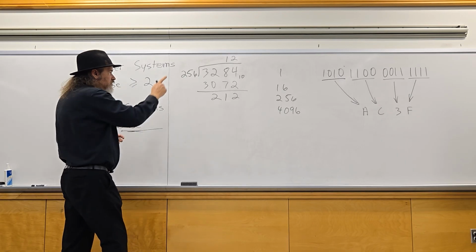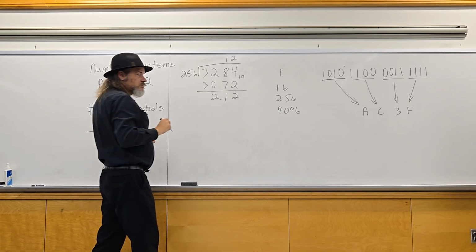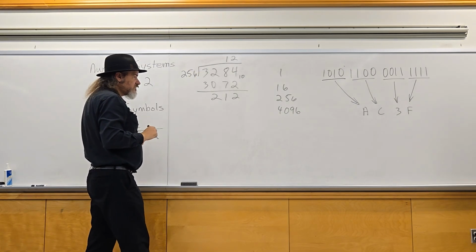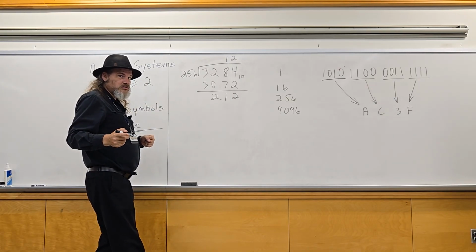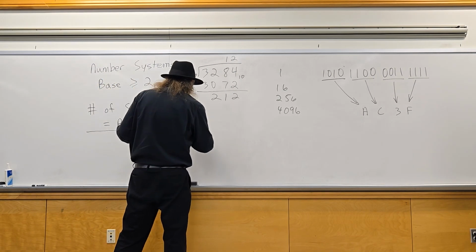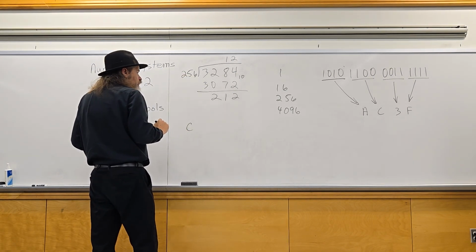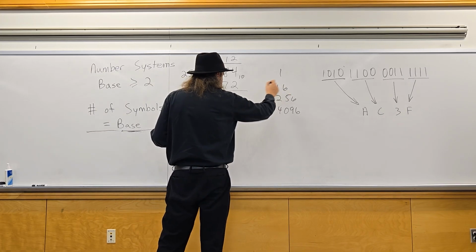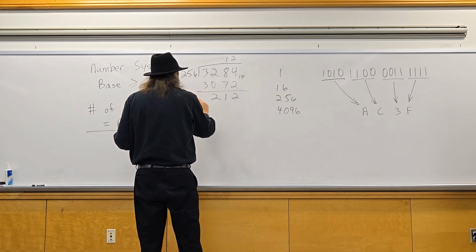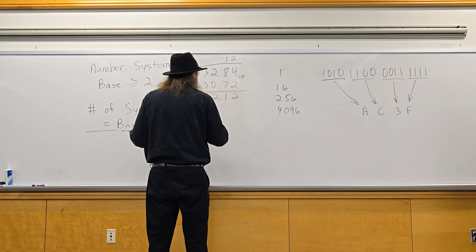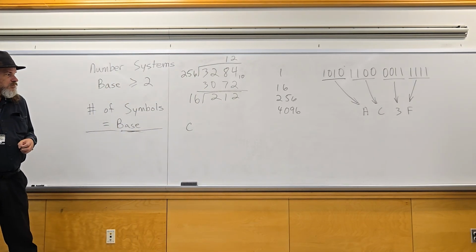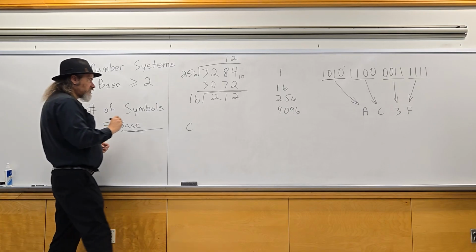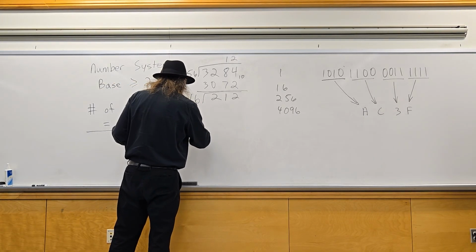Okay. So you have a 12 in the first position. 12 in hexadecimal is C. Now we take the next position, 16, and divide 212 by 16. That's the 256s done.